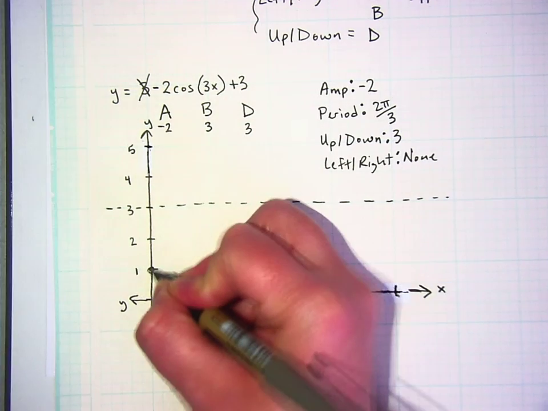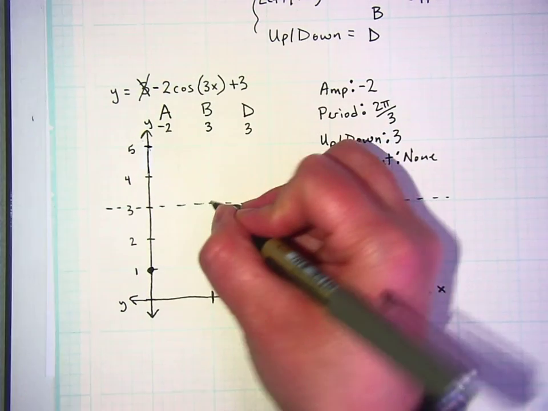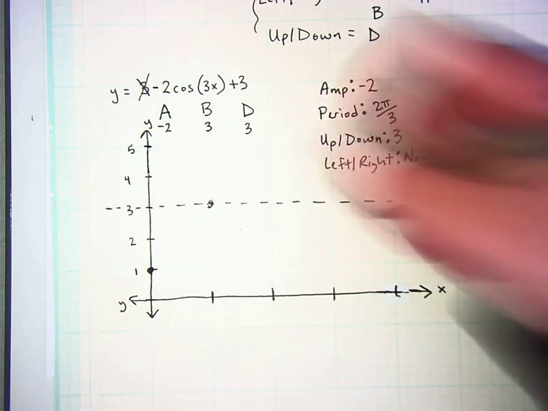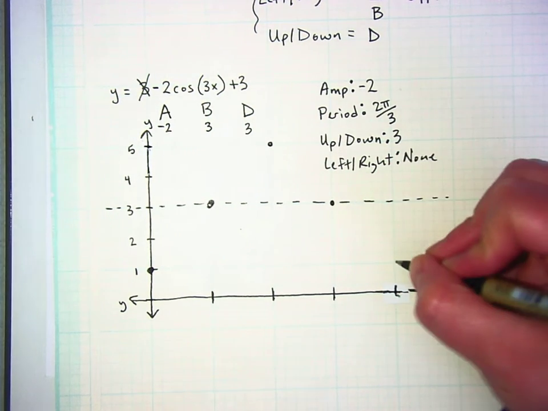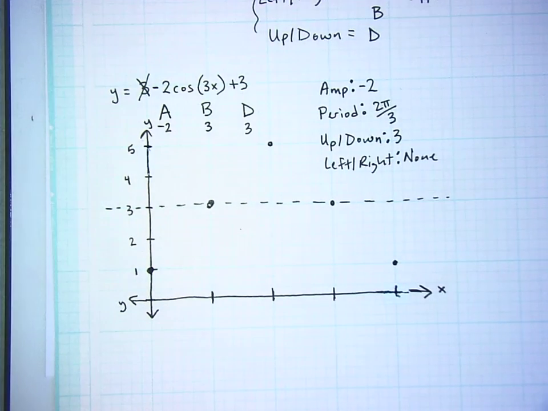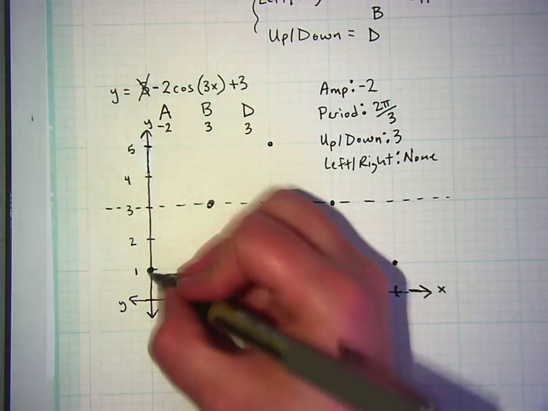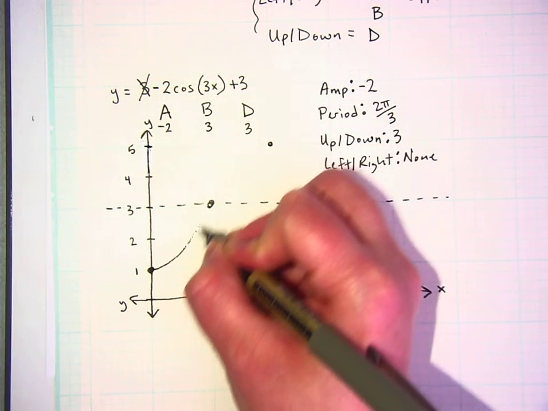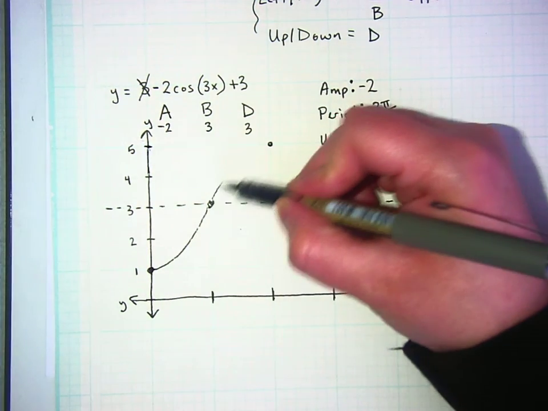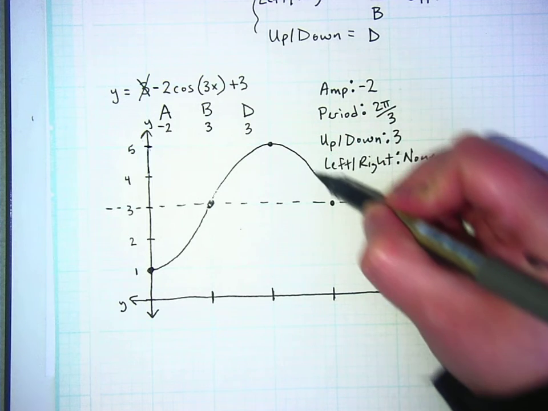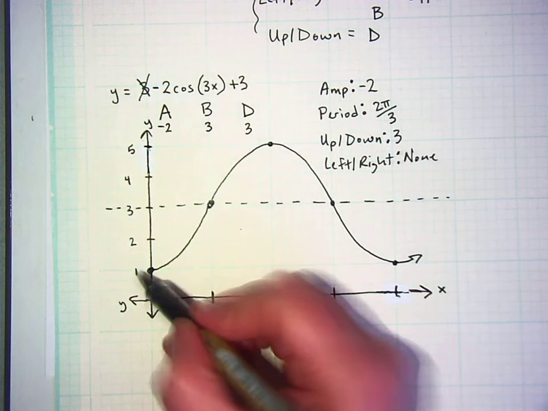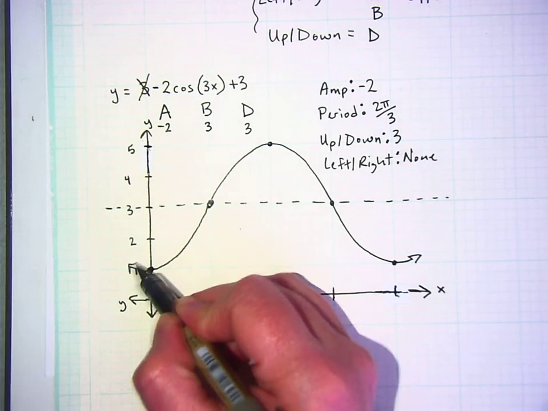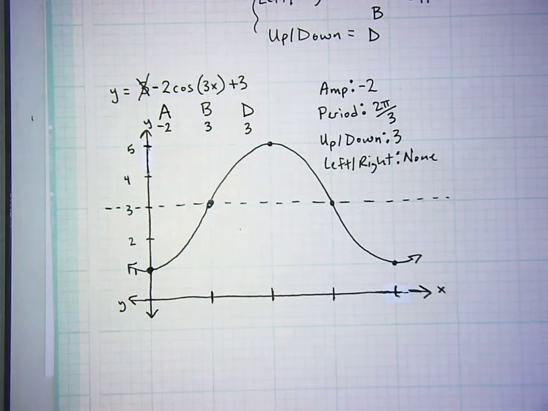So it's going to start down here, and then it's going to go up to the center. It's going to go up to 5, back down, and here. If I want to draw it in, looks like that.